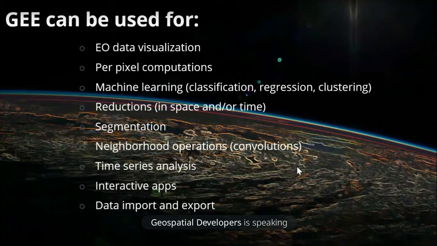So Earth Engine. I just listed some of the things you can use Earth Engine for. You can see Earth Engine can be used for Earth observation data visualization, for per pixel computation, and machine learning. For the purpose of this mentorship program, we will be doing classification.